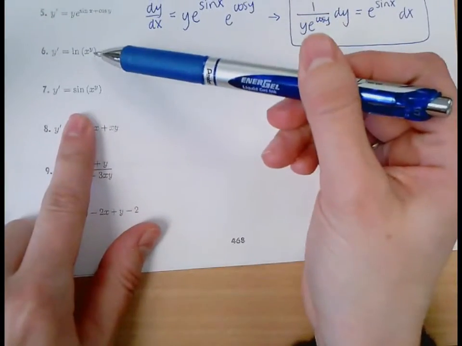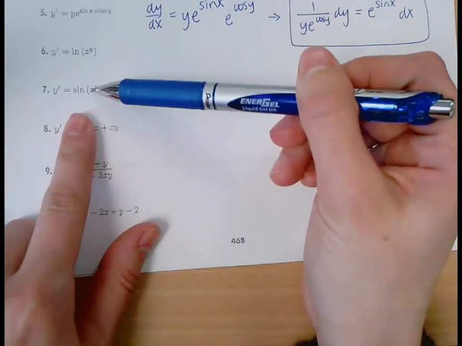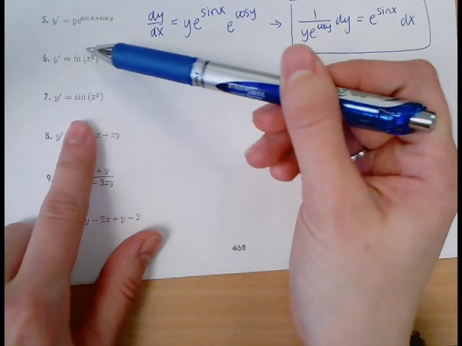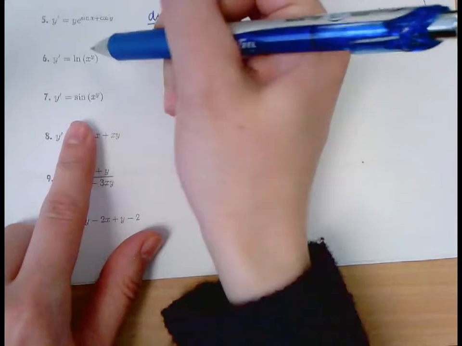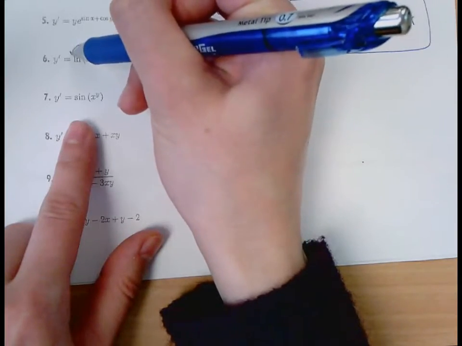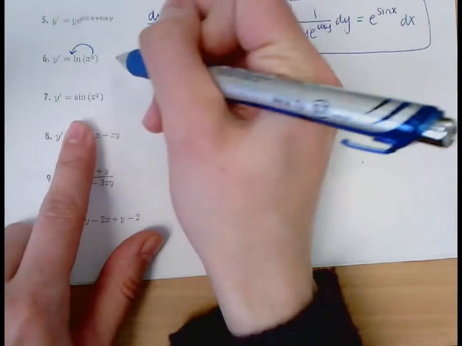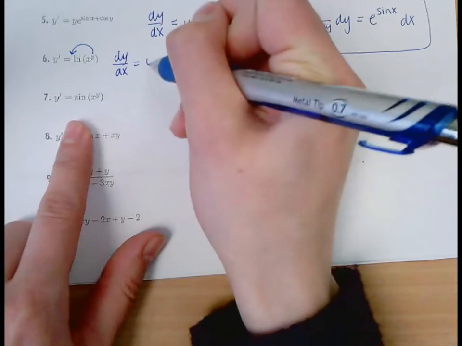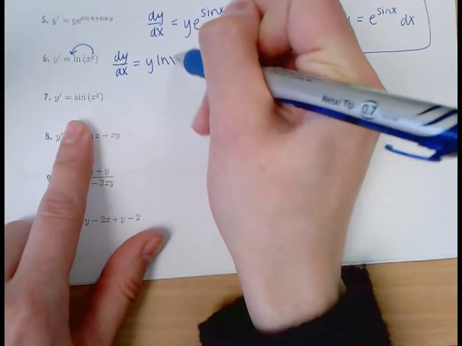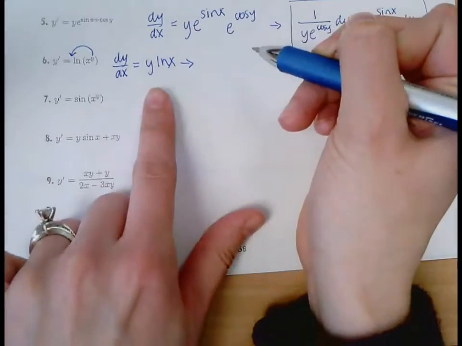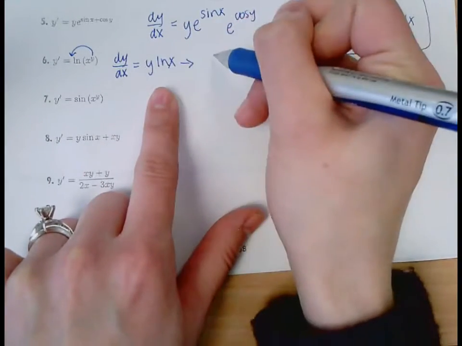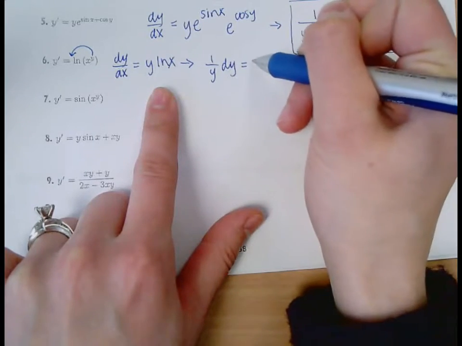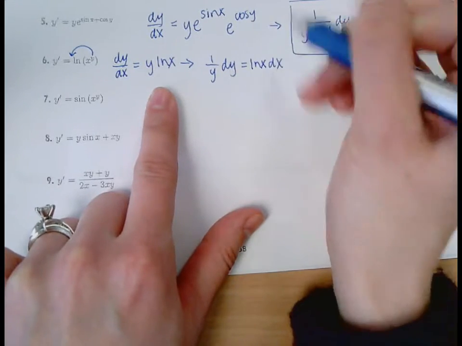So here's 6 and 7, what they're trying to get you to think of. For 6 we can rewrite. You have a property of logarithms that allows you to bring that exponent down. So you'd have dy dx equals y times the natural log of x, which now is a product, I can divide by y, so 1 over y dy equals natural log of x dx.